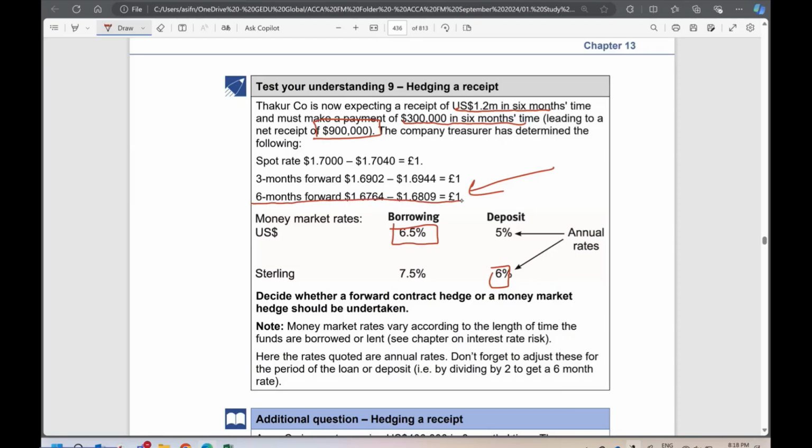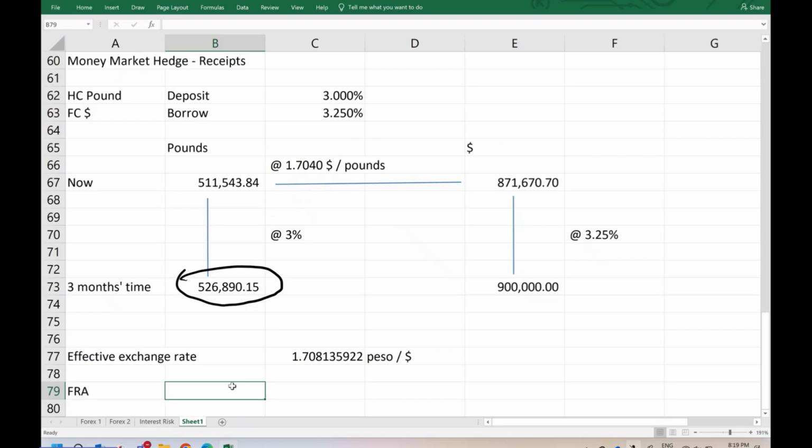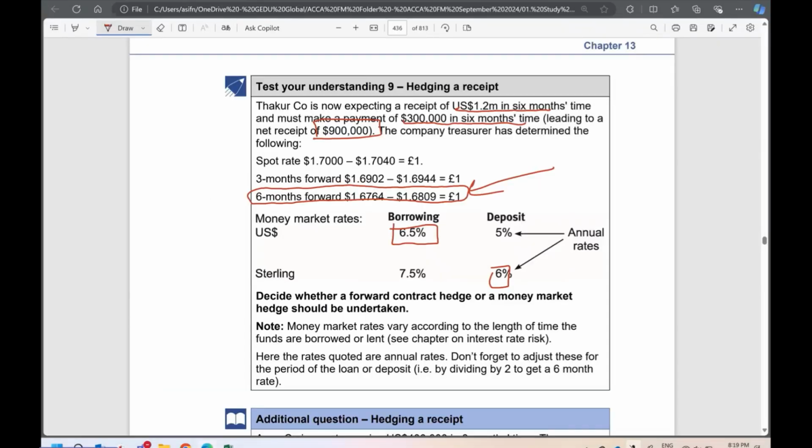Use the same rule. Receipt, division case, use the rate that results in less receipt. So we use the higher rate, right? 1.6809. How much will you get? Receipt 900,000 divided by 1.6809.